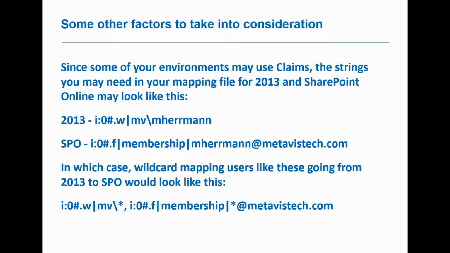So let's look at the example here from 2013 to SharePoint Online. You can see here that your username is going to be slightly different than it was before. You've got a string on the front of it, but in this case, you can still wildcard and you still have the same behavior that we saw earlier, the same ability to create a user mapping file.